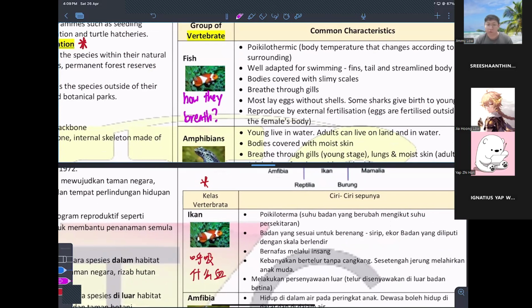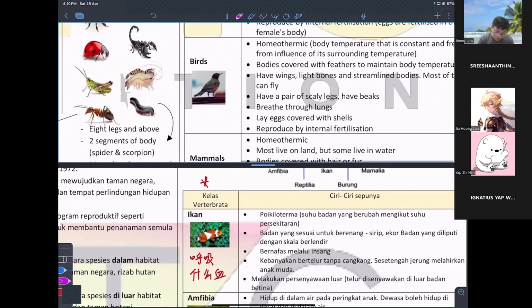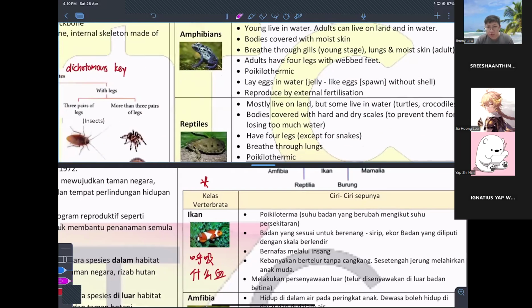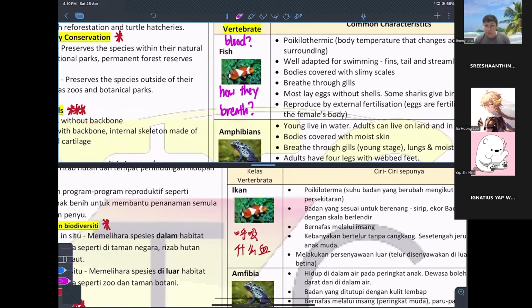Two, which kind of blood they have: poikilothermic, cold-blooded, or homeothermic, warm-blooded. Mammals and birds are homeothermic, warm-blooded. The others are just common sense, which you don't really need to go through.